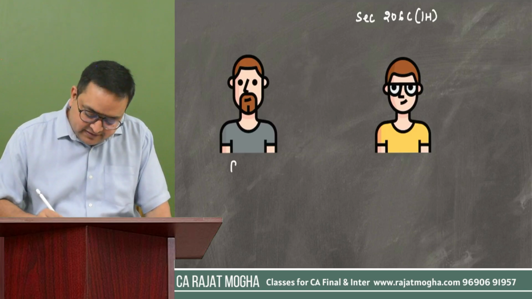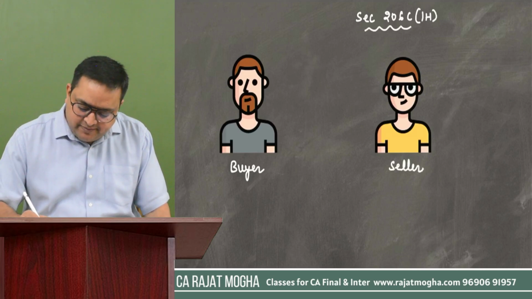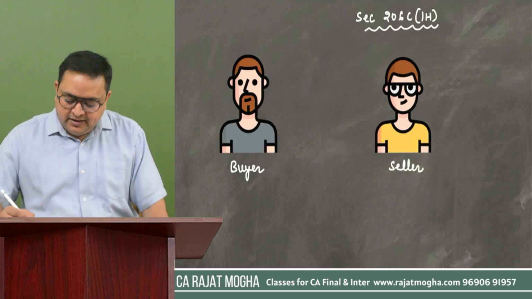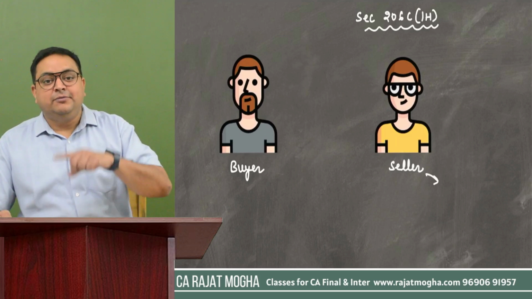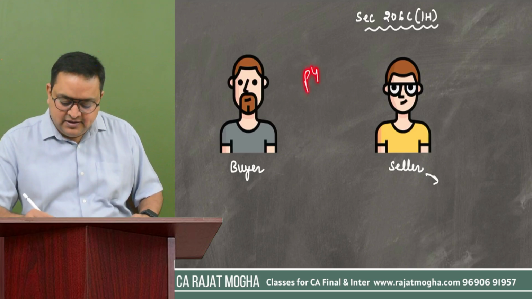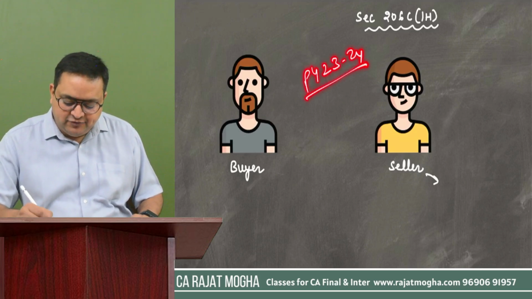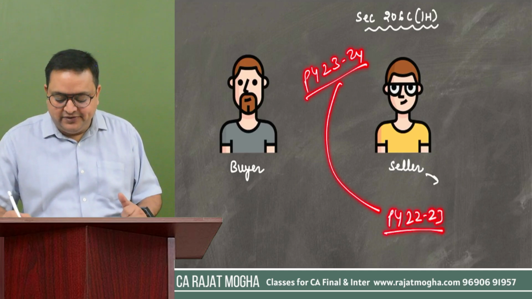So let's say this person is a buyer and this person is a seller. This section will apply if the seller's turnover of the preceding previous year, that is last year, is more than rupees 10 crore. Our previous year is 23-24, so we have to see the turnover of last year, that is previous year 22-23, right?